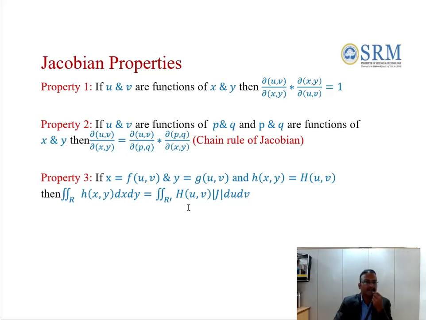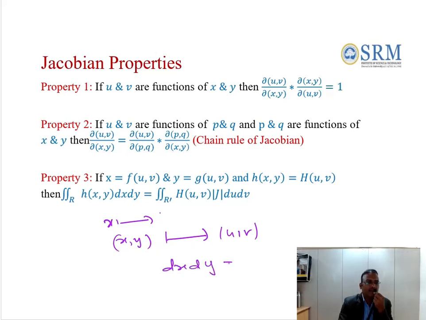So what it says is, if you transform from x, y to u, v, then dx dy is equal to the Jacobian times du dv. Of course, we are going to use this in multiple integrals in many places.